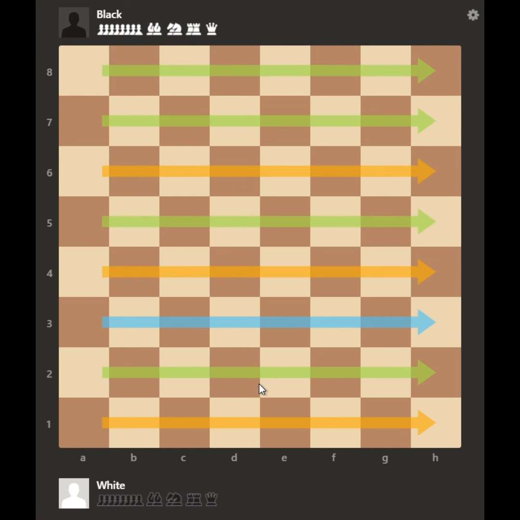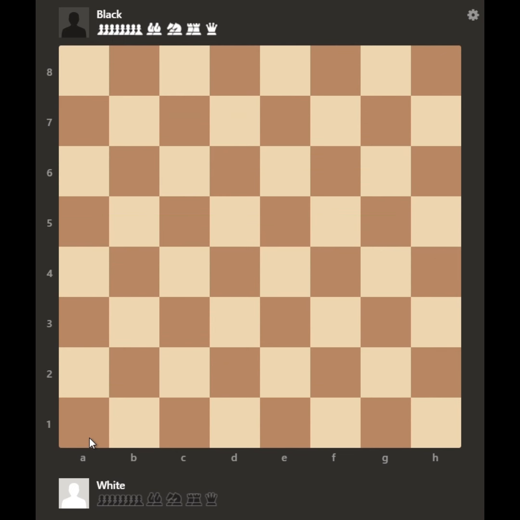We have 8 ranks and 8 files. So we have 64 squares, 8 into 8, 64 squares.